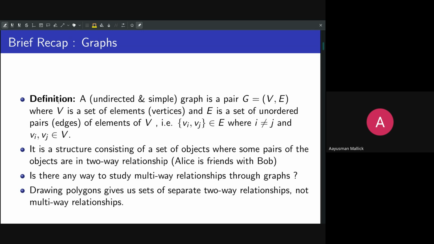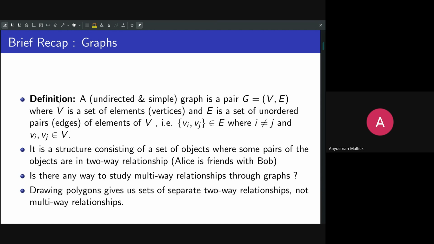Graphs have many interesting properties, and they are also visually very charming. But what happens when we try to model some relationships which are not two-way but multi-way?